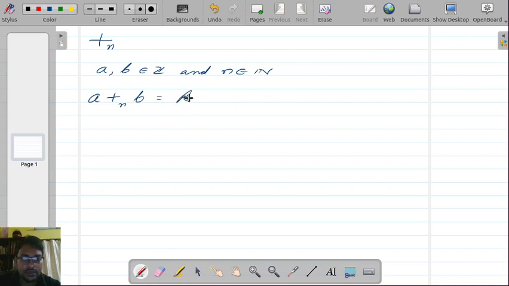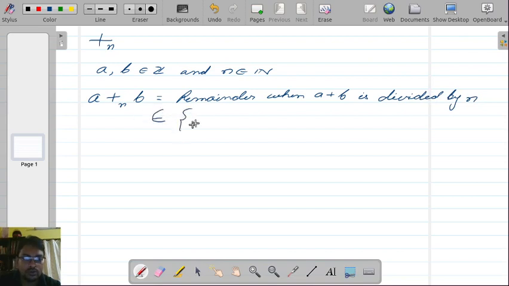I told you, this is the remainder when a plus b is divided by n. So this always belongs to the set 0, 1, 2 up to n minus 1 by the division algorithm.